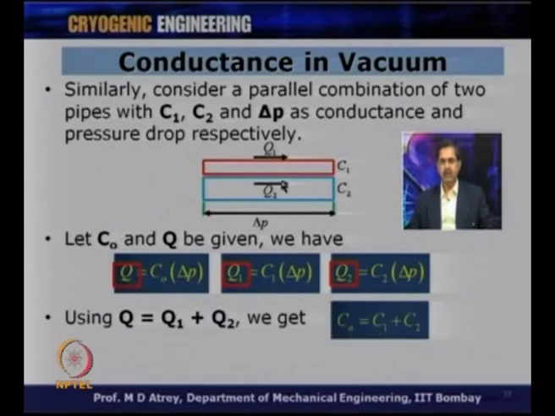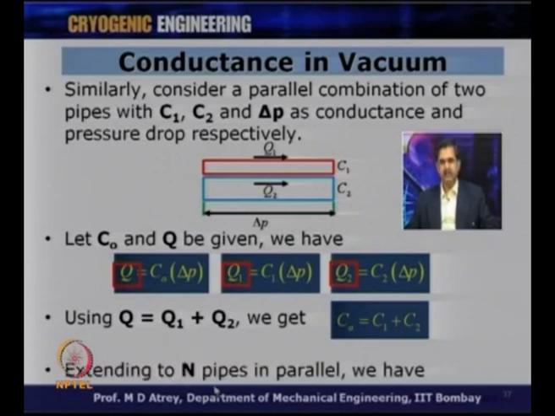So, when pipes of conductances C1 and C2 are connected in parallel, the overall conductance is simply C1 plus C2. Extending this to n pipes, we have C0 is equal to sigma Ci, with i extending from 1 to n.